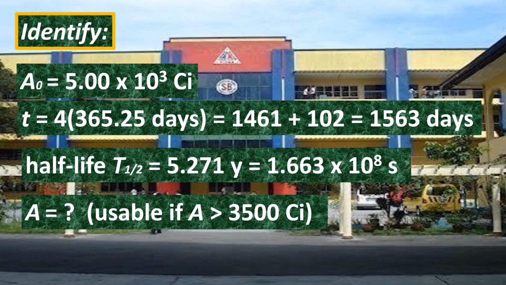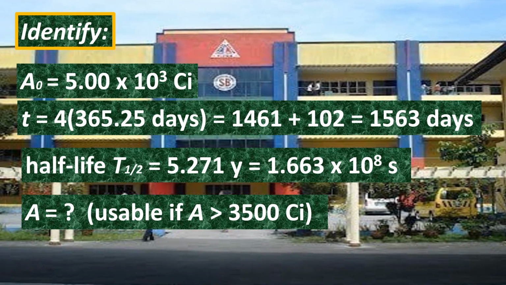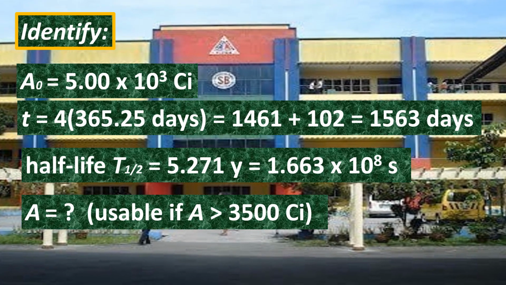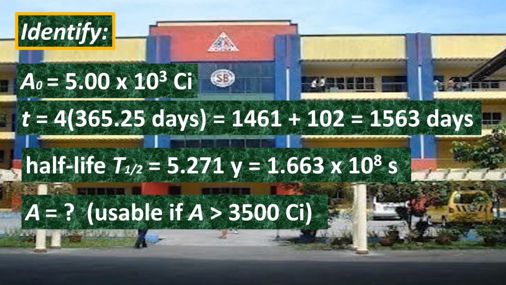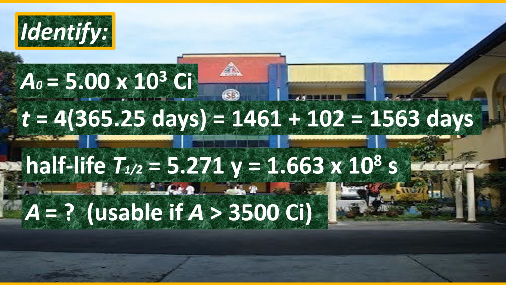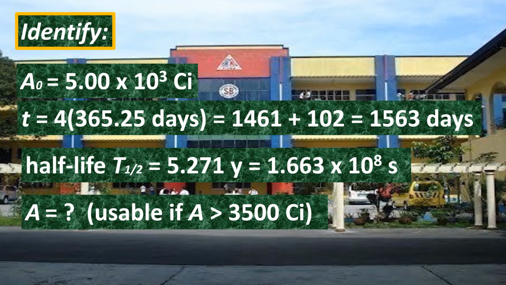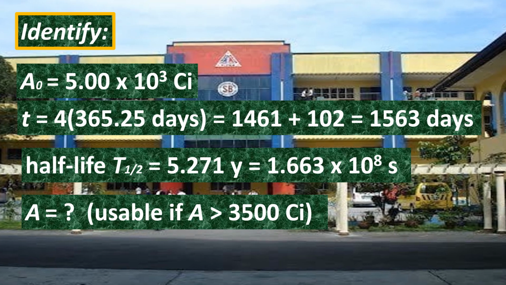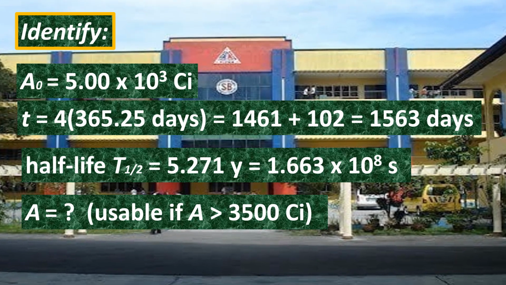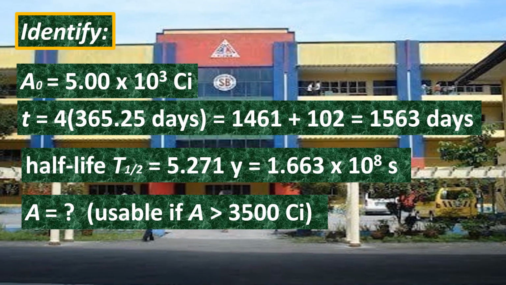And our target variable is to find the activity capital A at time t equals 1,563 days. If the value of the final activity is still greater than 3,500 curie, then the source of the cobalt-60 isotope would still be usable.